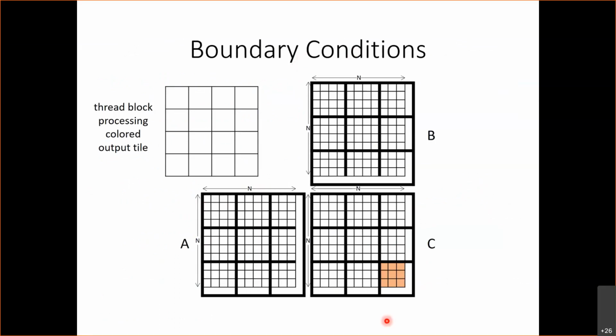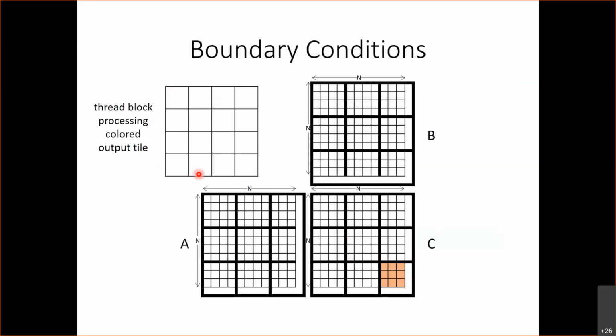But here we have to be careful. Why? Let's say we have a thread block that's responsible for these elements over here. You'll notice because of boundary conditions, some of these output elements are out of bounds. So some of the threads in the thread block assigned to this output tile are not going to be computing any output elements.